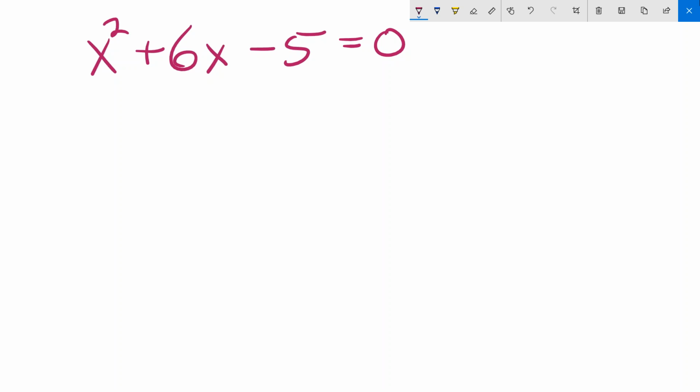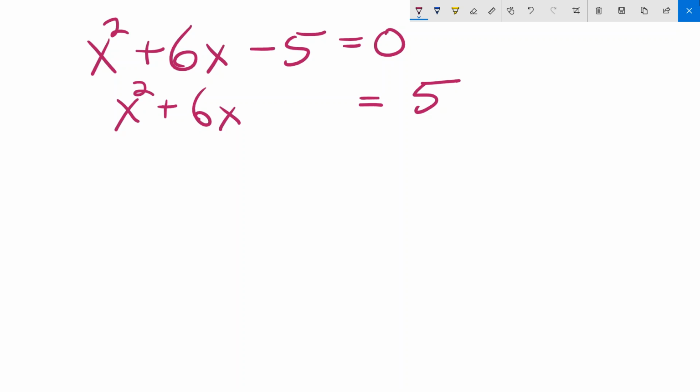Next line is x squared plus 6x. Remember what that first step is. To move the number to the other side. So equals 5.